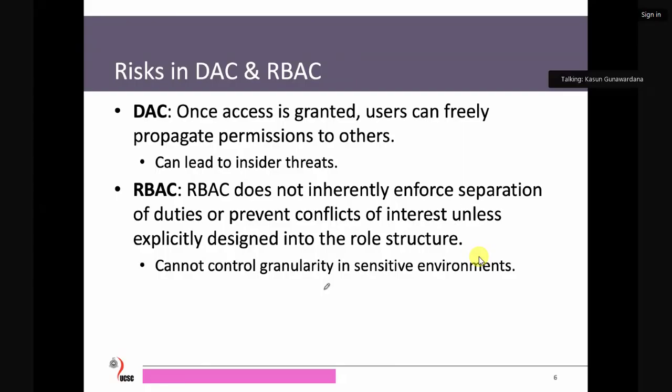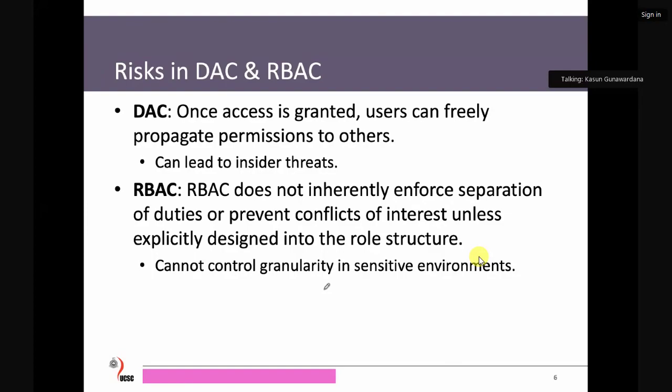If you give that grant privilege or admin privilege, you can't control it. Users can freely transfer these privileges to others. So this can lead to insider threats, where trusted users share sensitive data with unauthorized individuals.